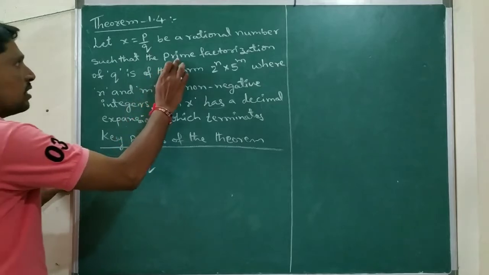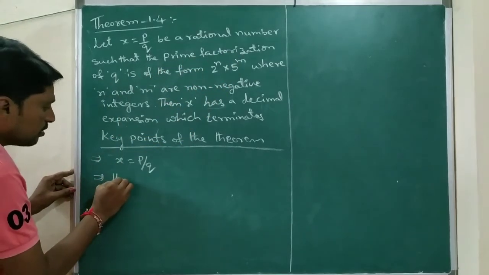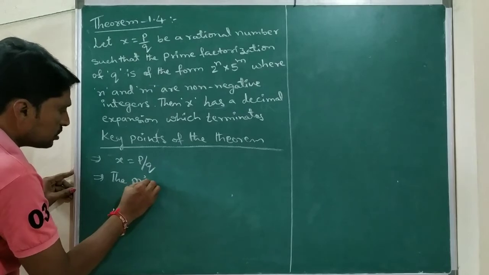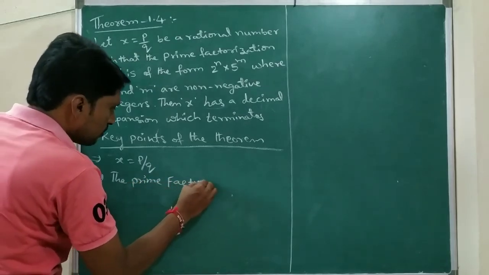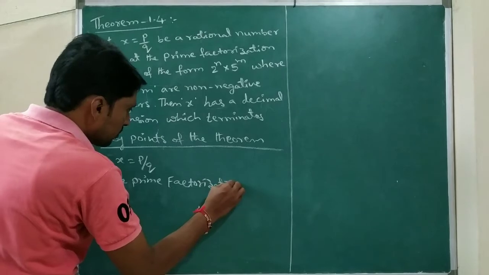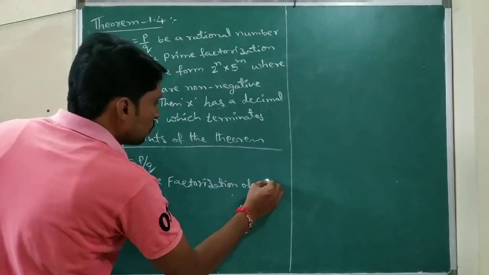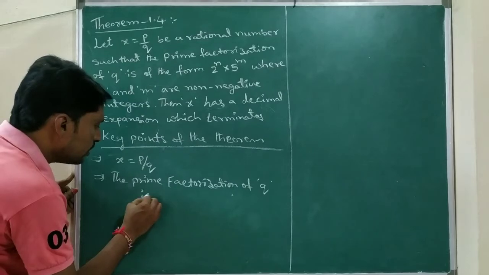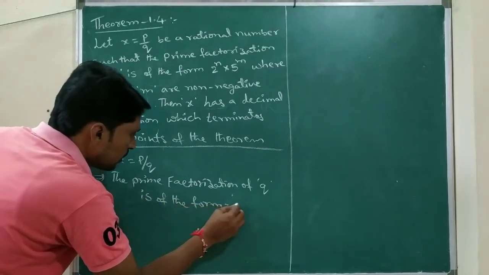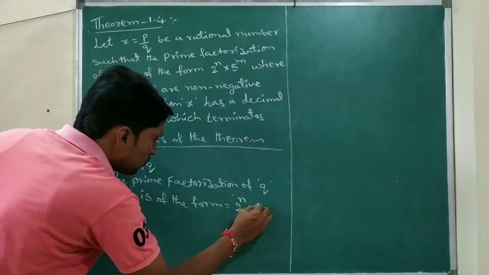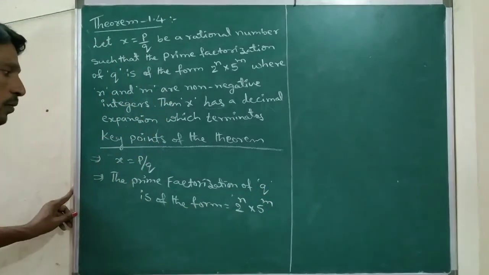Next, the prime factorization of q is of the form 2 power n into 5 power m.